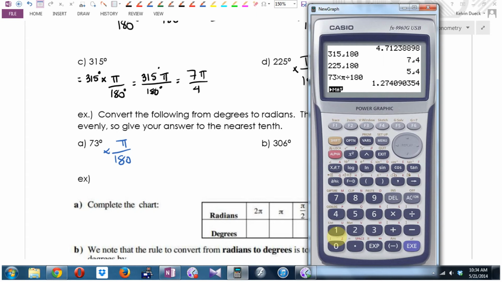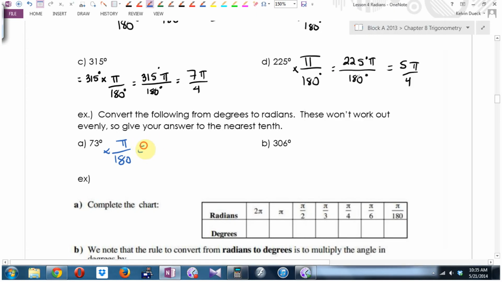Did you find it? Okay, it's Shift Exp. So as a decimal, 73 degrees is 1.274090354, blah, blah, blah. Well, I said to the nearest tenth, it's about 1.3 radians. You can write the word radians, you can write the word rad, but technically radians doesn't have any units. It's a ratio, and so you can just write 1.3.